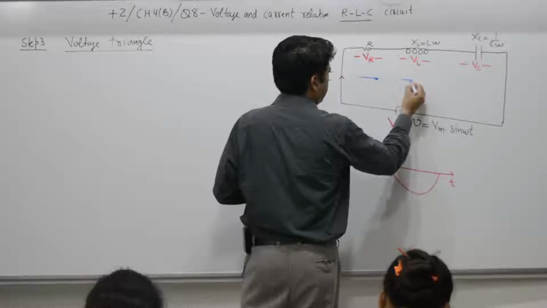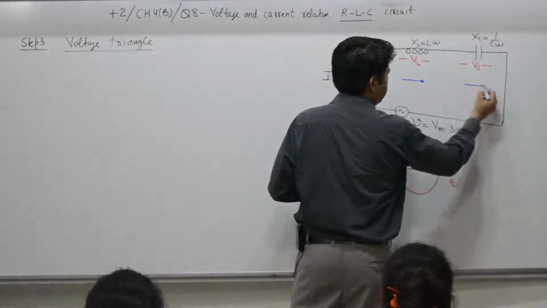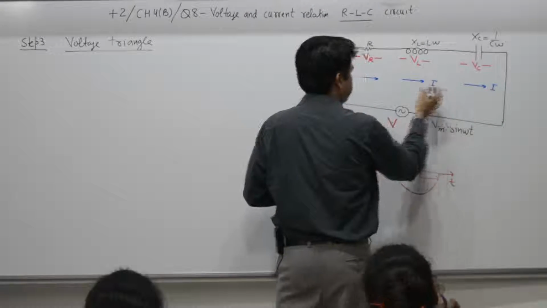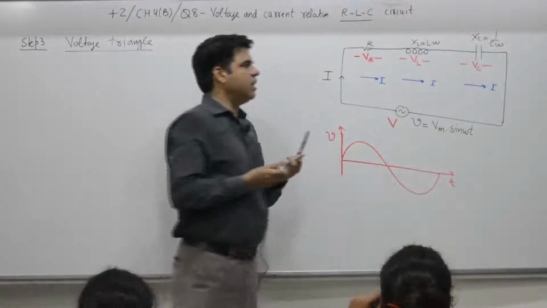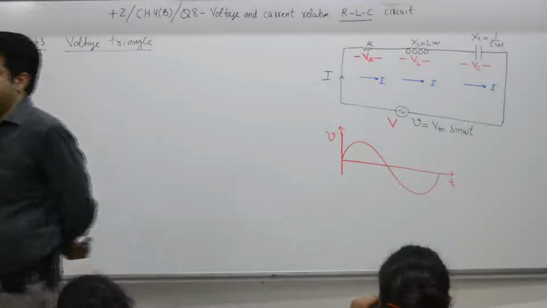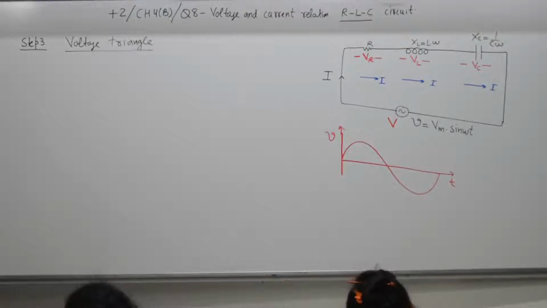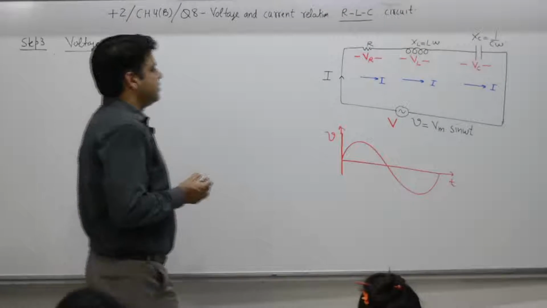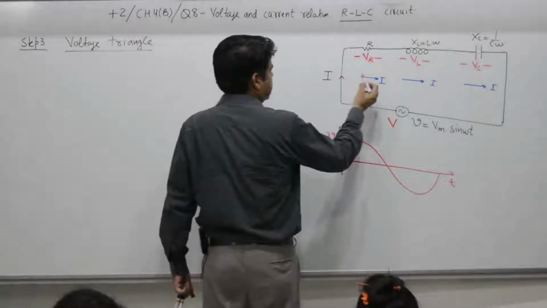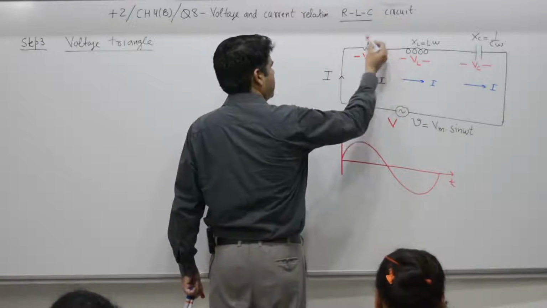I. Mark VR, VL and VC. Mark VR, VL and VC as phasors. Yes, focus only on this part.